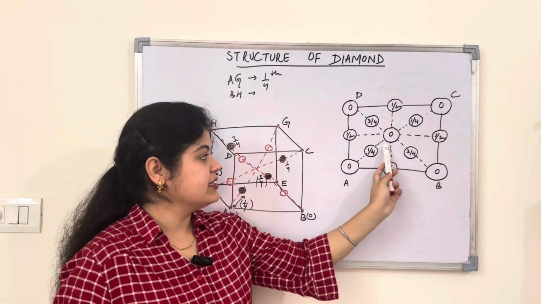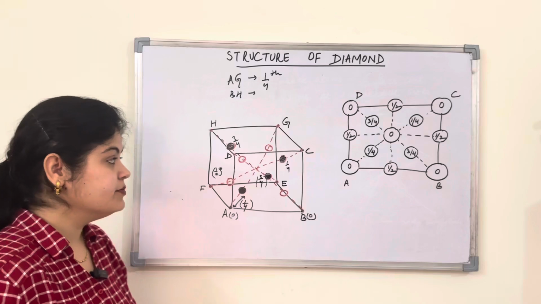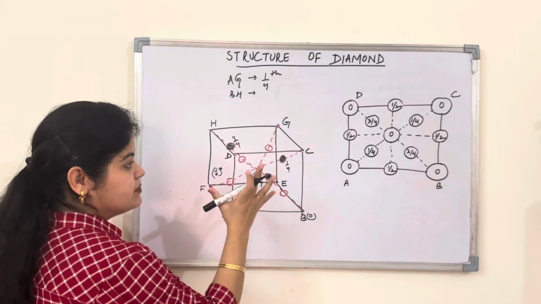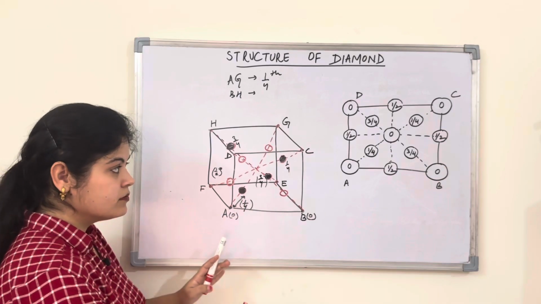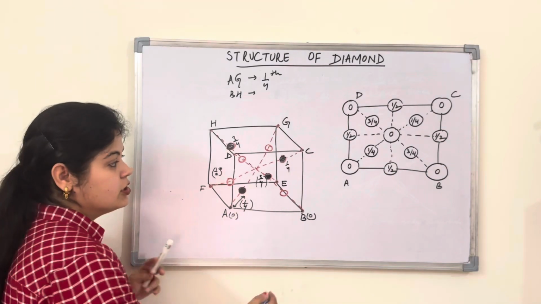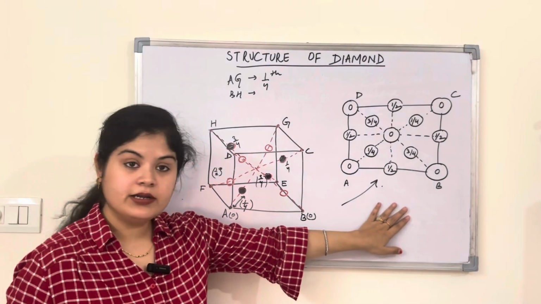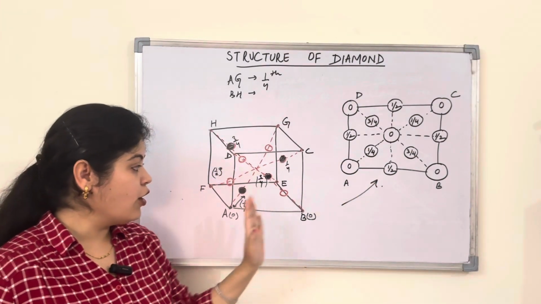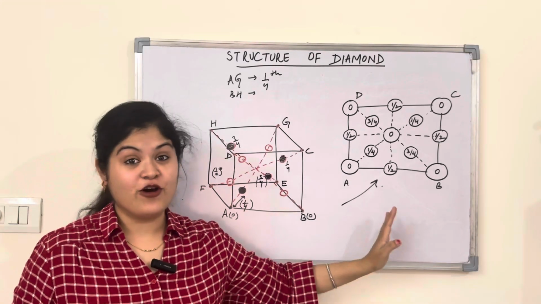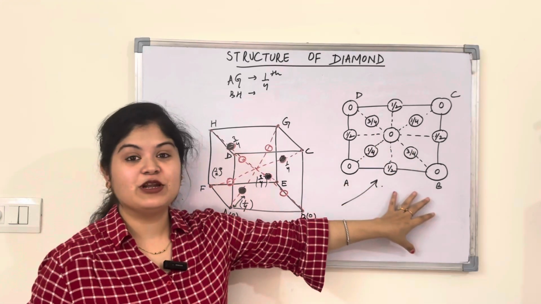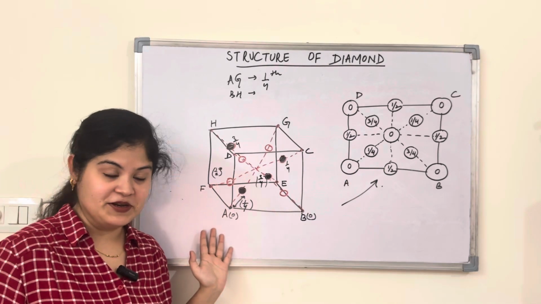This is my face centered atom, and these are also my face centered atoms when I visualize this particular diamond structure from one face. So this is the diagram which is in your books. It is very important, and I believe that now you will not forget how to draw this particular diagram and this structure of diamond.